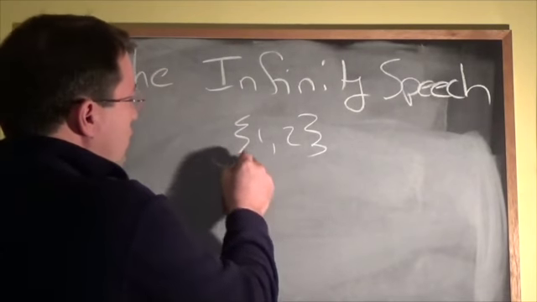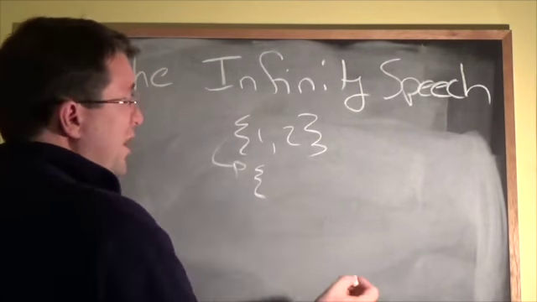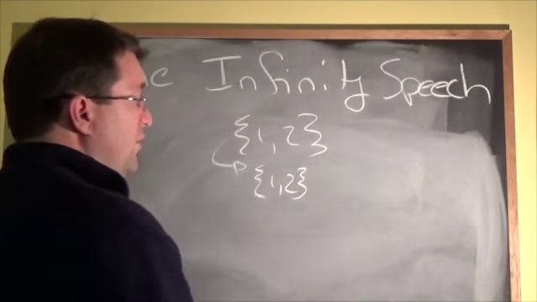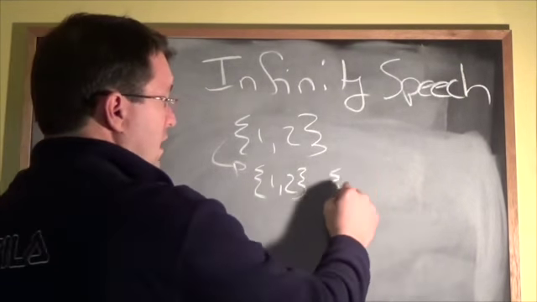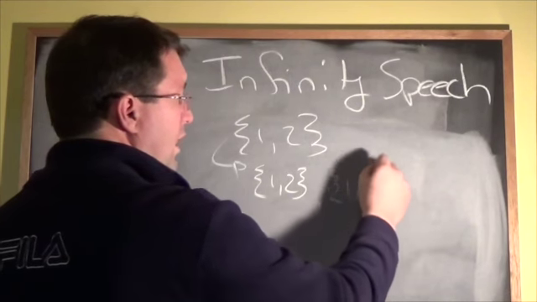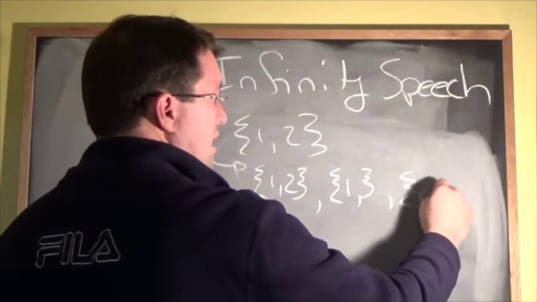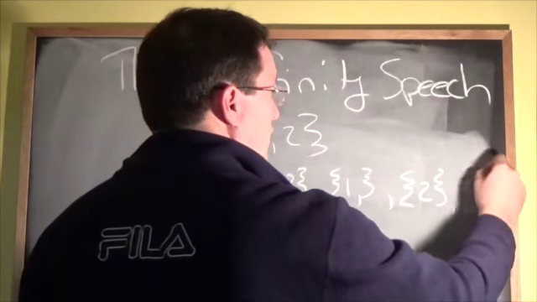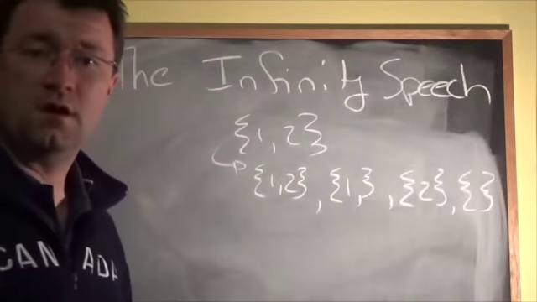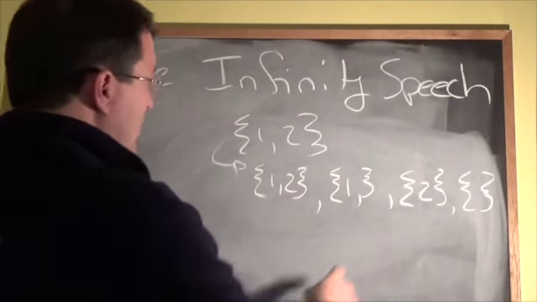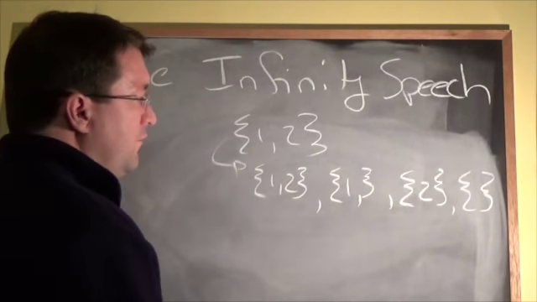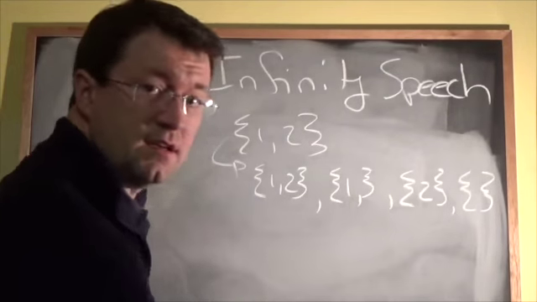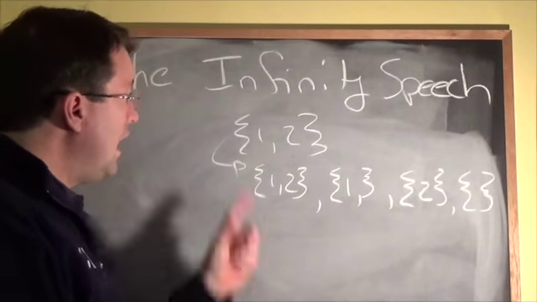If you've got 2 numbers, I could create a subset that's got both of those numbers in it. I could create a set that's got just the 1. I could create a set that's got just the 2. Or I could throw down there the empty set. I can see from that I've got four different sets that I can pull out of that set of 2 numbers.